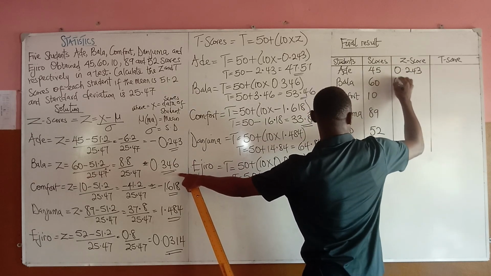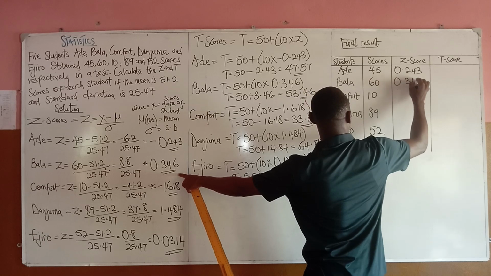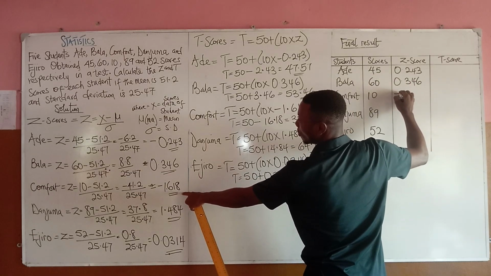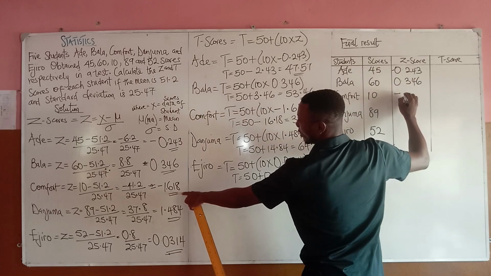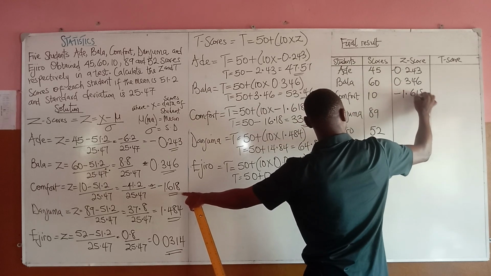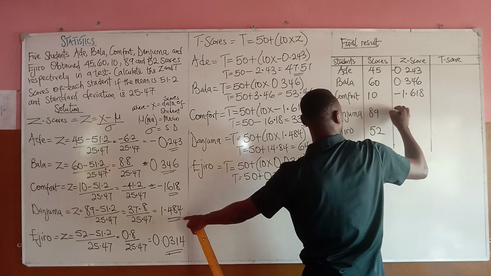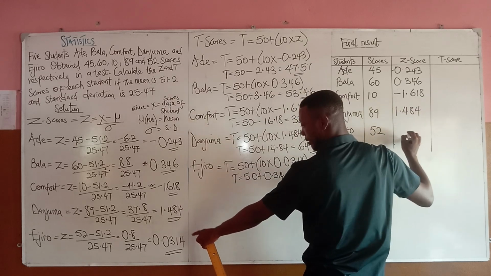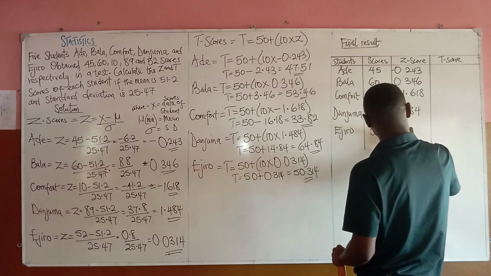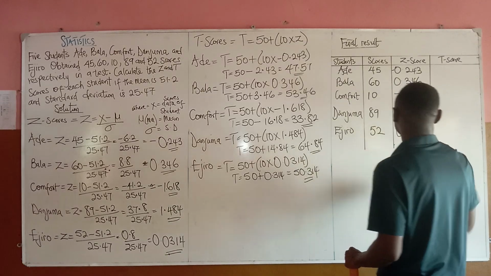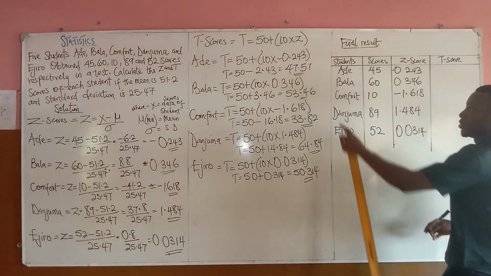Bala is 0.346. Comfort is negative 1.618. Danjuma is 1.484, and then A0 is 0.0314.